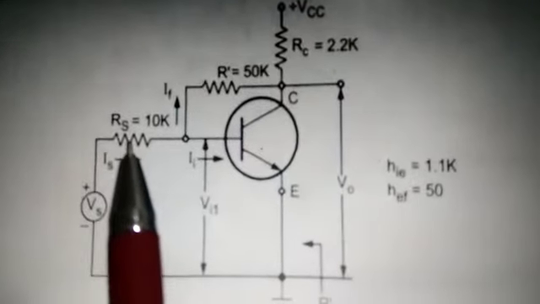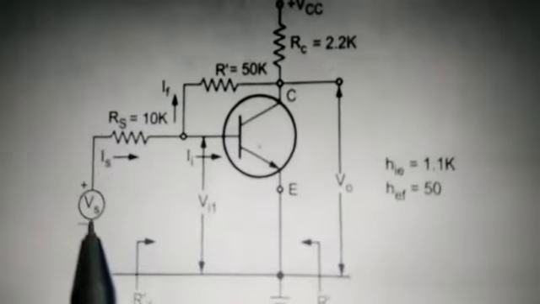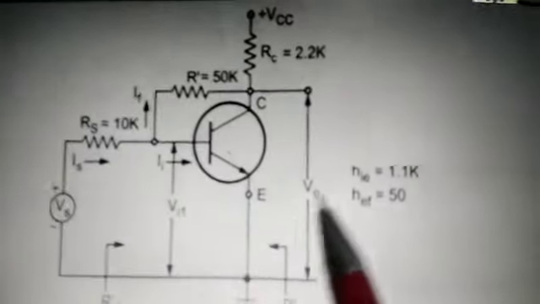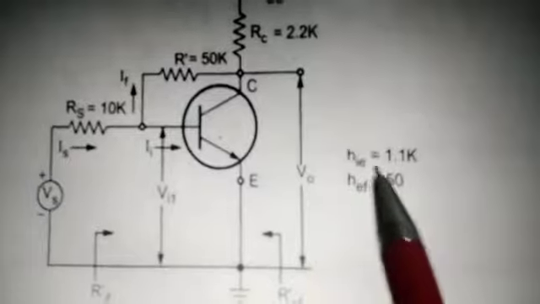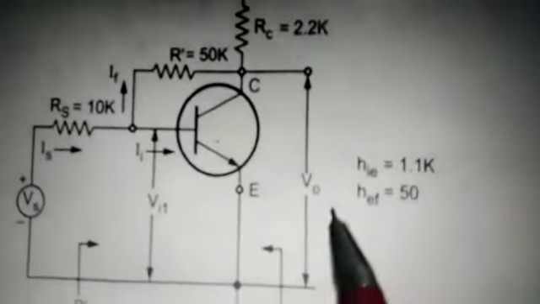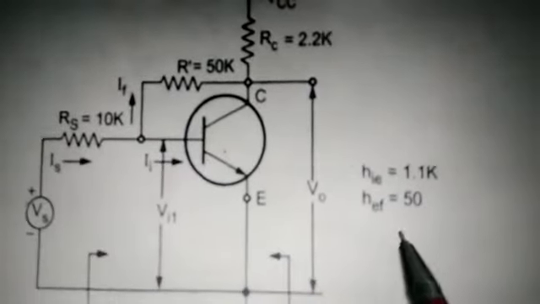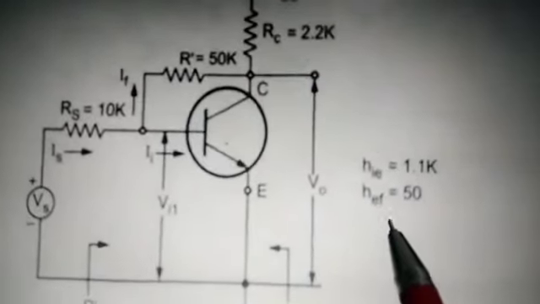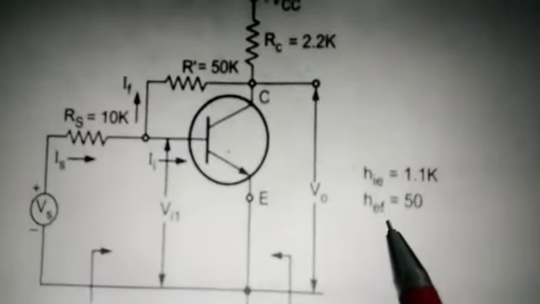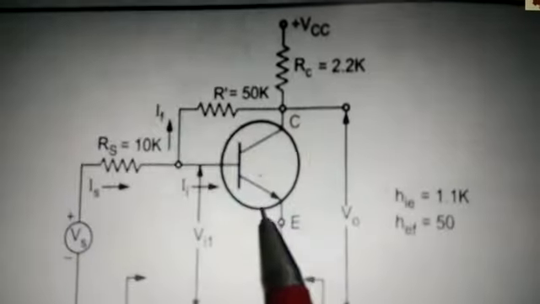RS is equal to 10K, that is a source resistance. This VS is the source voltage. And the parameters of the transistor are hie equal to 1.1K and hfe equal to 50. hfe is the forward current gain of a transistor, and here it is a common emitter transistor.